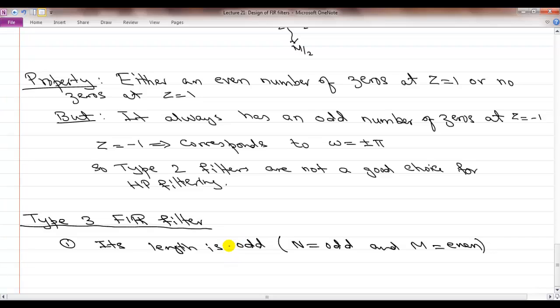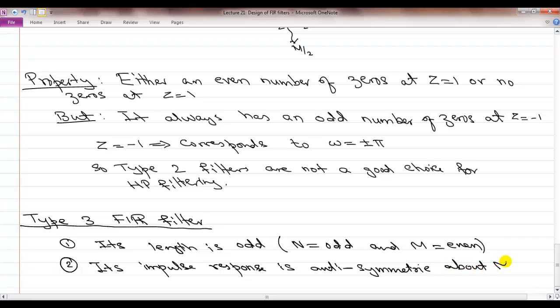But what is different is that the impulse response is now, instead of being symmetric, anti-symmetric. So its impulse response is anti-symmetric about m by 2.